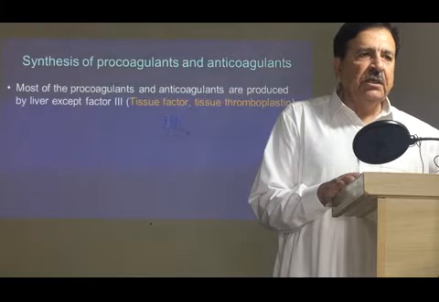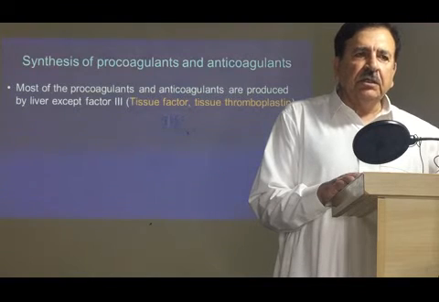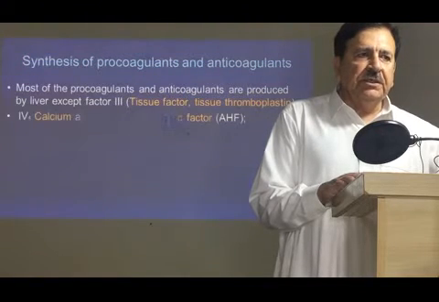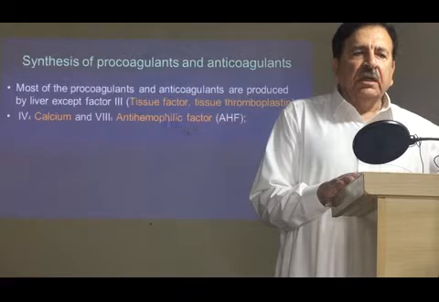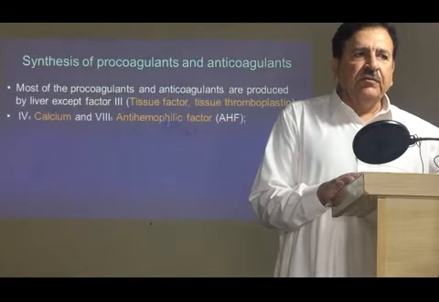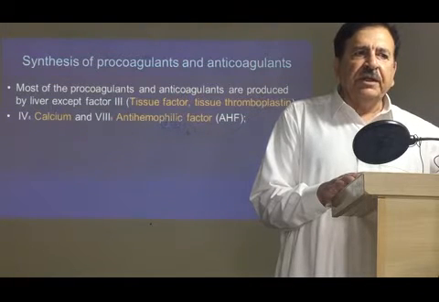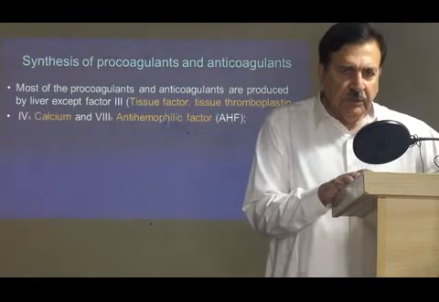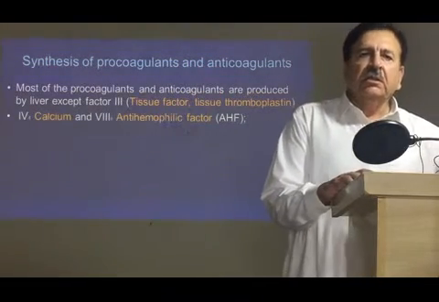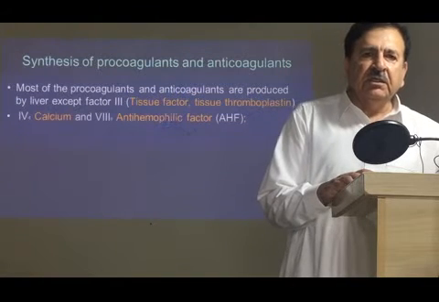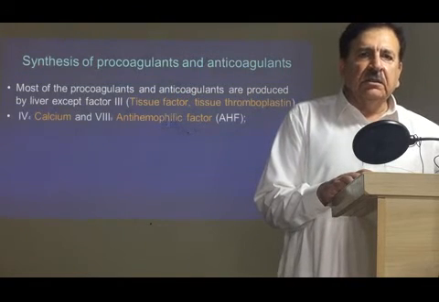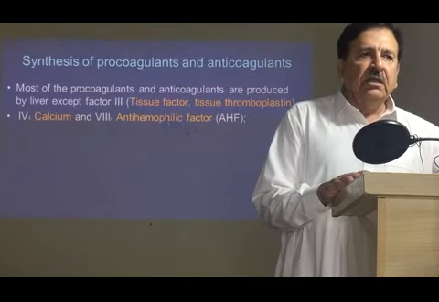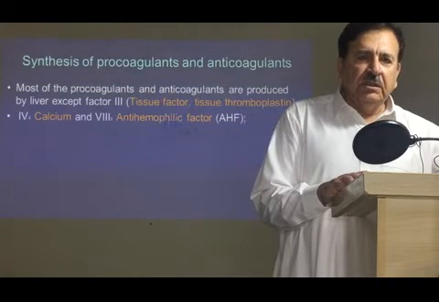One is the tissue factor, which is also called thromboplastin, and calcium, which is factor 4, and factor 8, which is called antihemophilic factor. Antihemophilic factor is very important because when this factor is missing, a person bleeds heavily, and it doesn't stop without support.